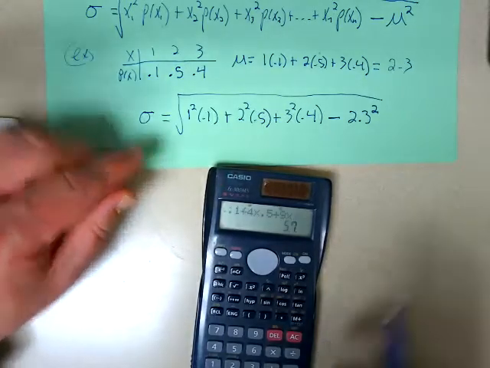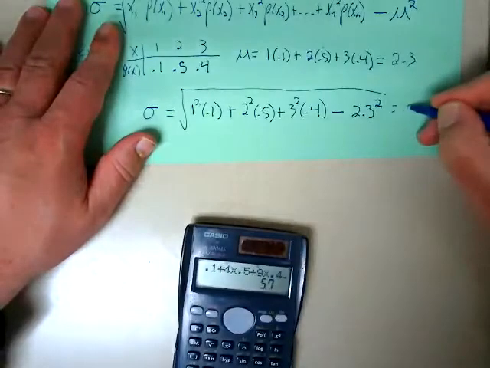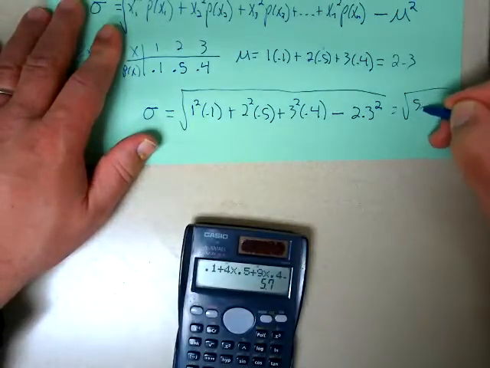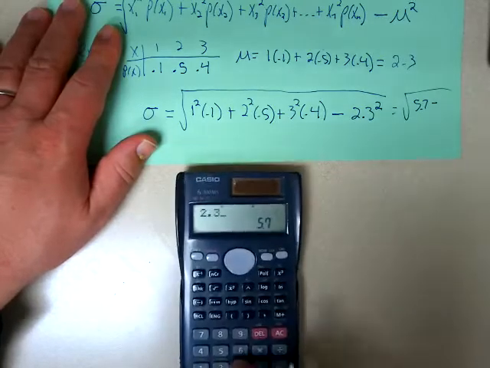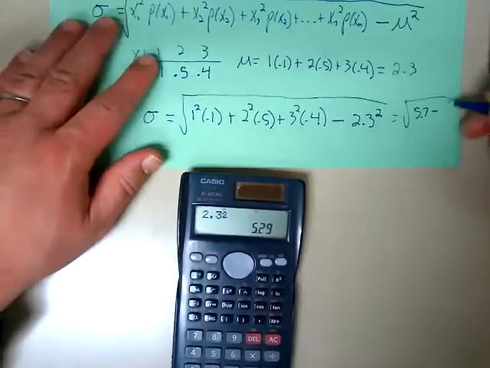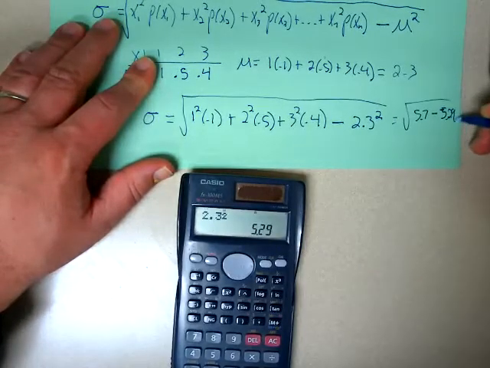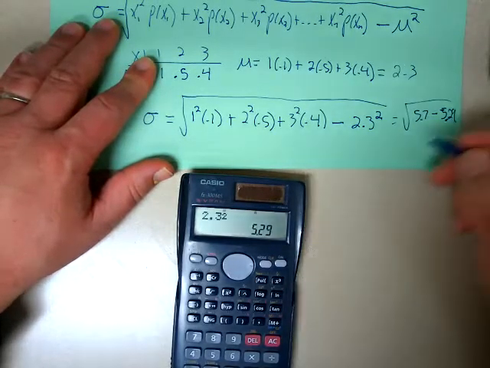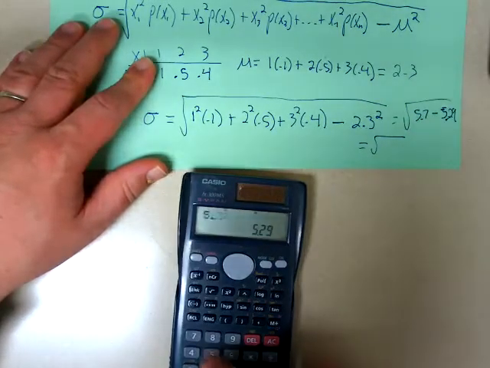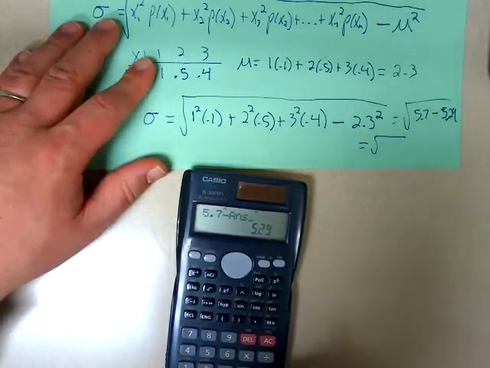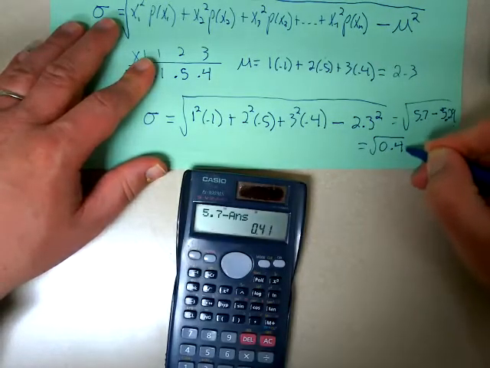And then I'll hit equals, and all of that is equal to 5.7 minus, and now the 2.3 squared, that's 5.29. Now if I subtract those, 5.7 minus 5.29, I get the square root of 0.41.